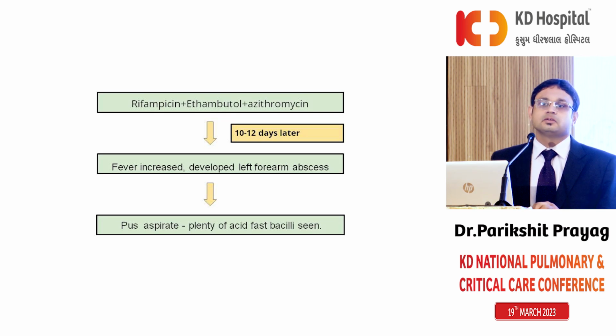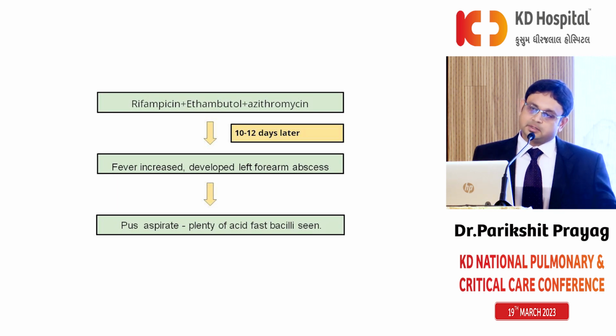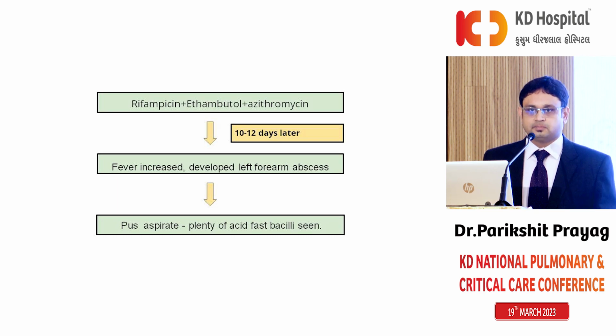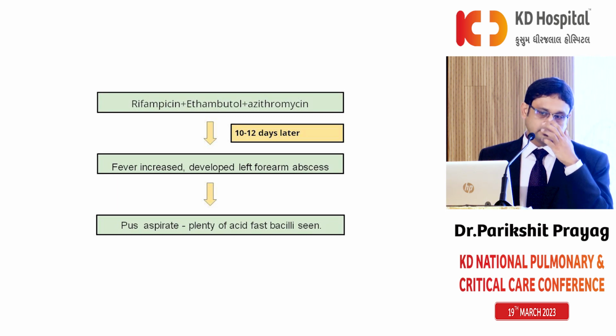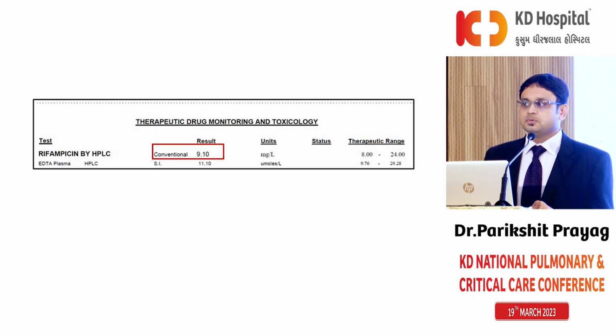One thought was, are his drug levels inadequate? Of course, inflammatory worsening can be there, but now he's showing acid-fast bacilli. The other thing is, are we optimizing the pharmacodynamics? So we did get rifampicin levels done.